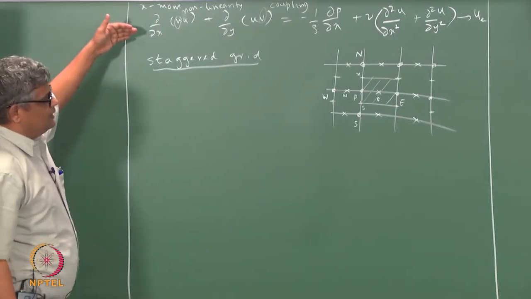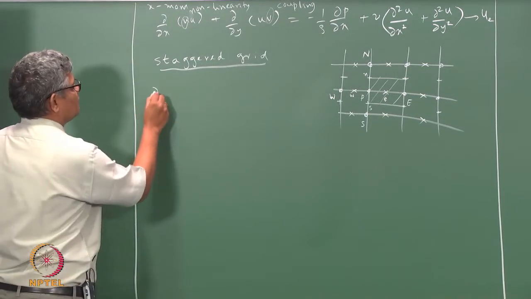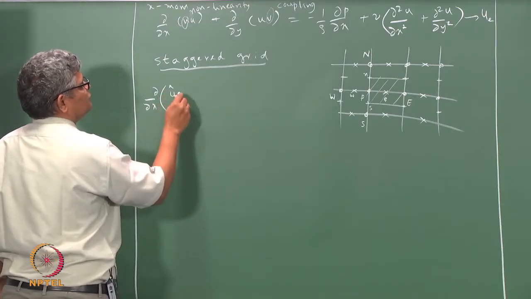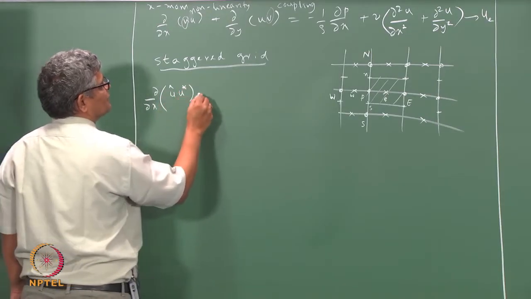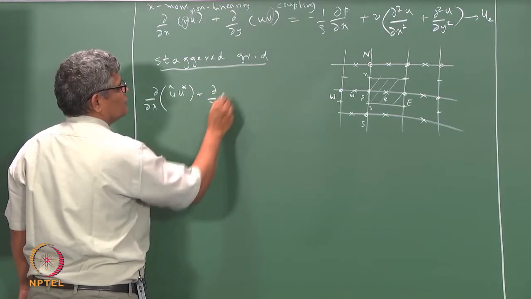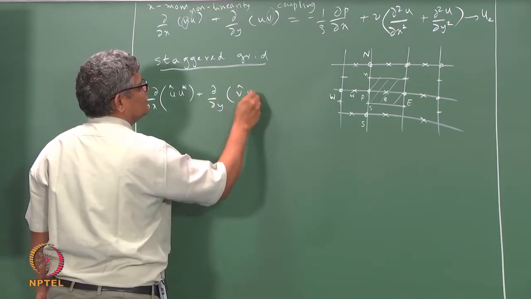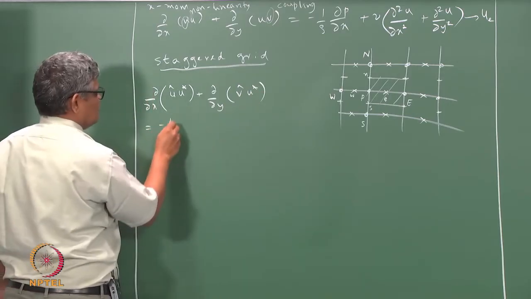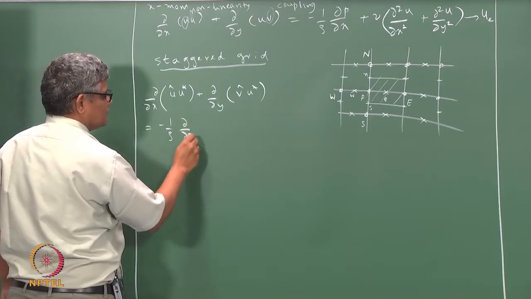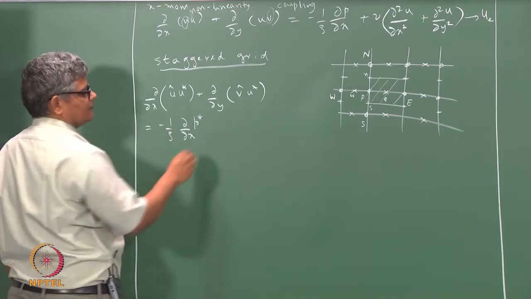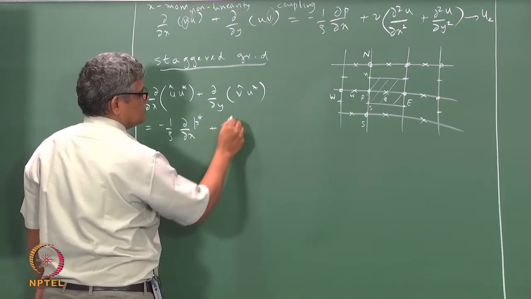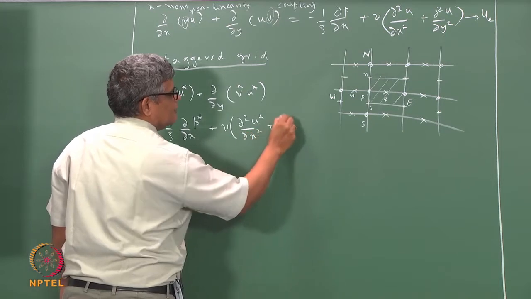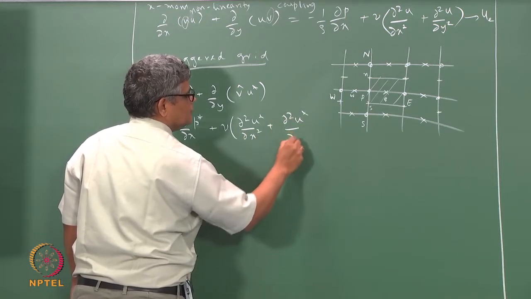So, we write this equation in this form: ∂/∂x of u hat u star plus ∂/∂y of v hat u star equal to minus 1 by rho ∂/∂x of p star plus nu times ∂²u star/∂x² plus ∂²u star/∂y².